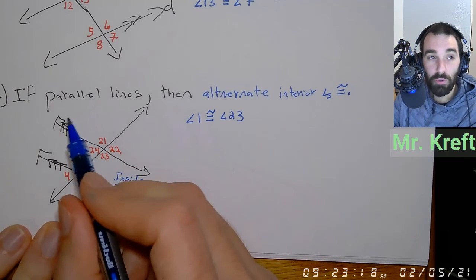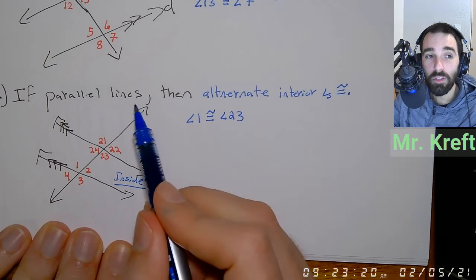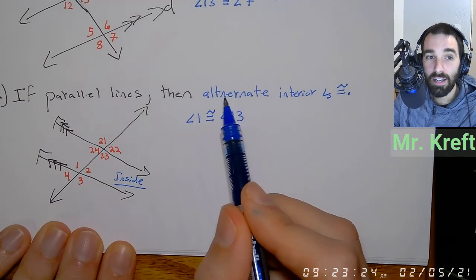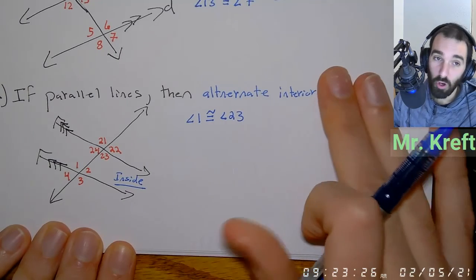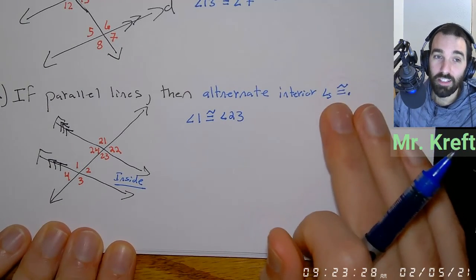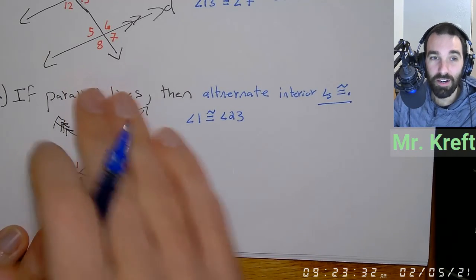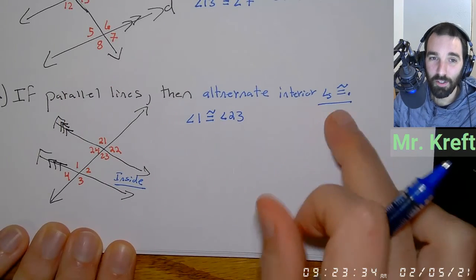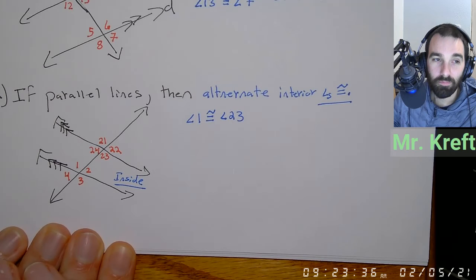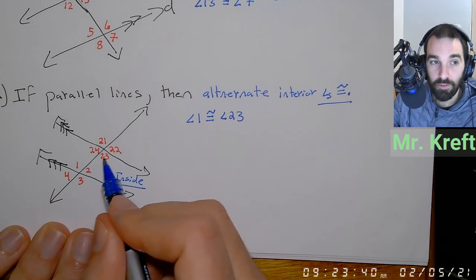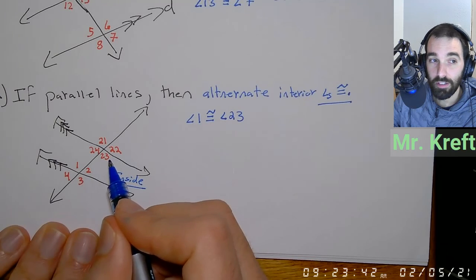Okay. So again, the way this is happening is this is only true if they're parallel, right? So we have parallel lines. So again, alternate interior angles always exist. But what's new is that they're congruent. So if parallel, then these babies are congruent. Okay? So we have angle 1 and 23, right? They're a pair of alternate interior, so they're going to be congruent.